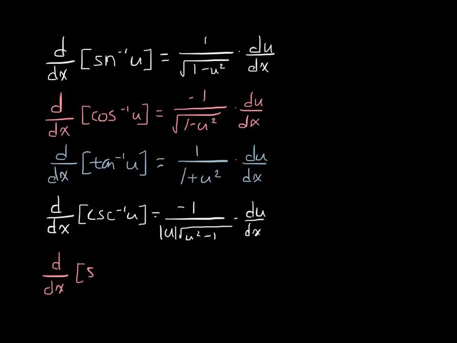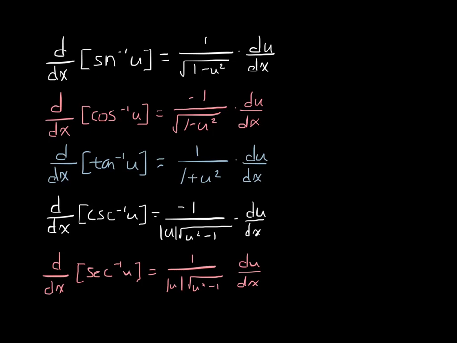Now we've got the derivative of inverse secant. So notice that the derivative of inverse cosecant and inverse secant are very much alike. It's just that one is negative and the other is positive, just like we saw with inverse sine and inverse cos.